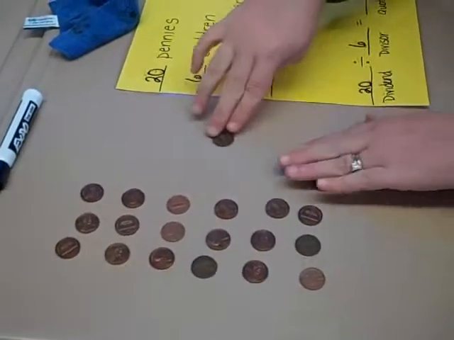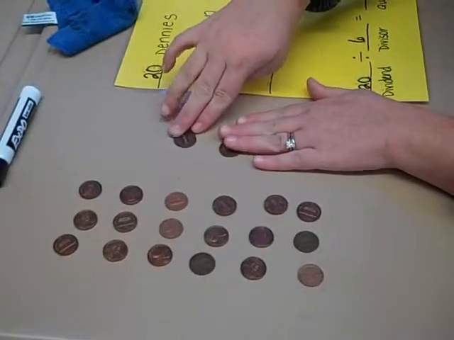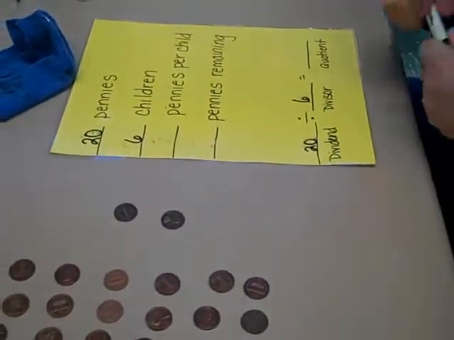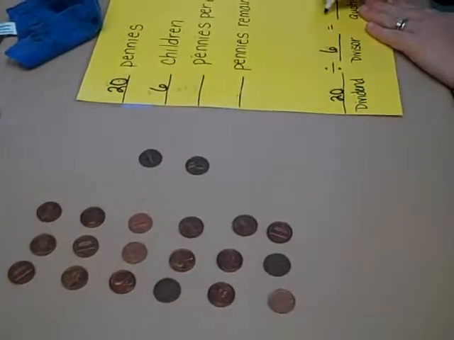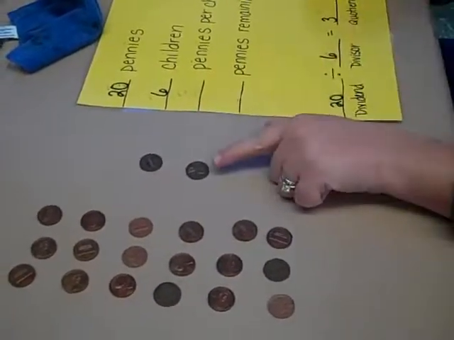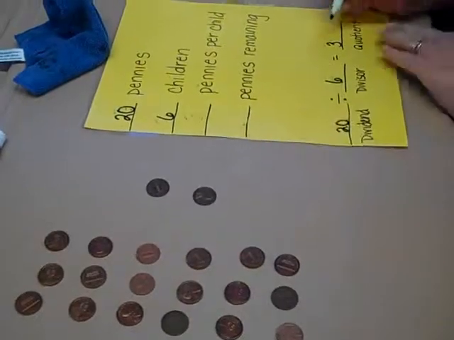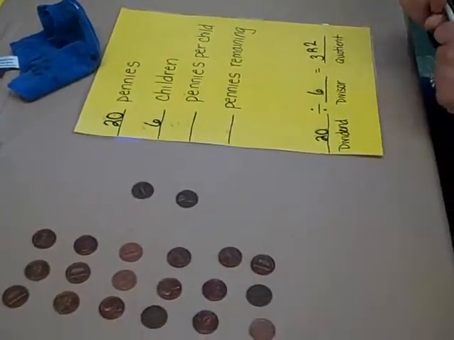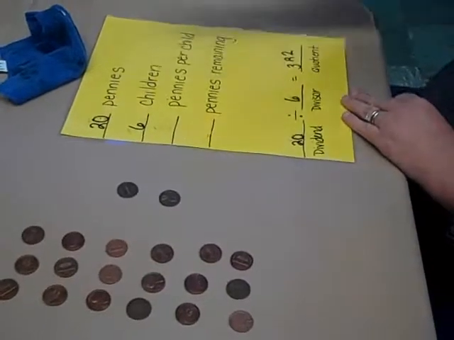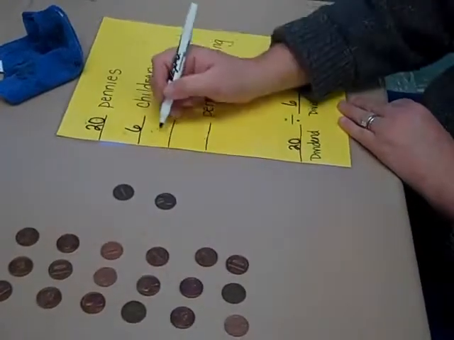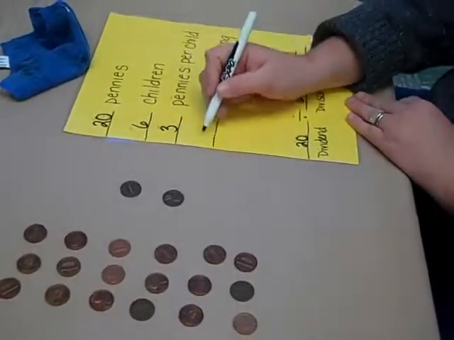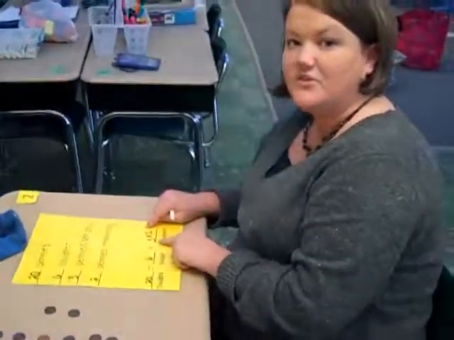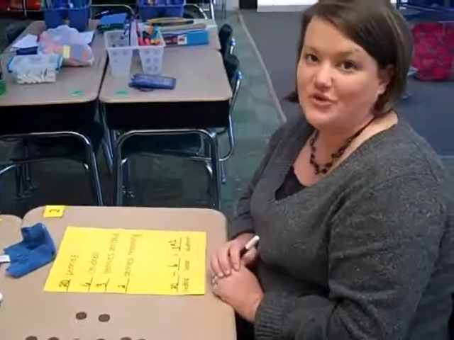And I still have 2 pennies left. So that tells me that 20 divided by 6, I have a quotient of 3 with a remainder of 2 pennies. So 20 divided by 6 would be 3 pennies per child with 2 pennies remaining. So we know that our answer is 3 remainder 2.